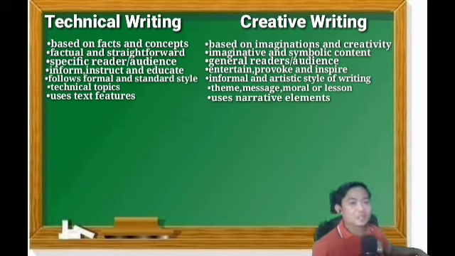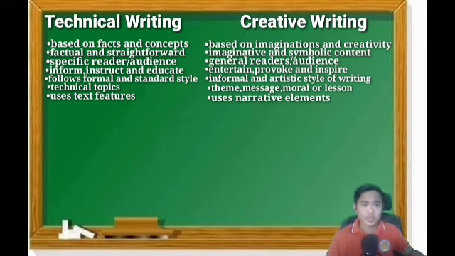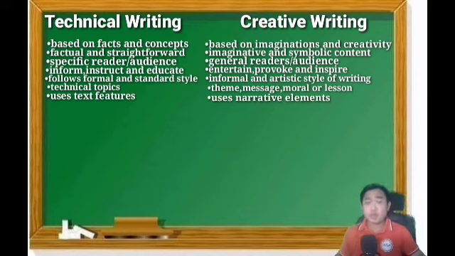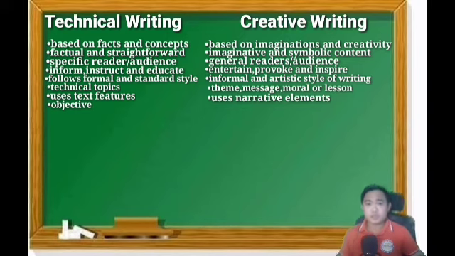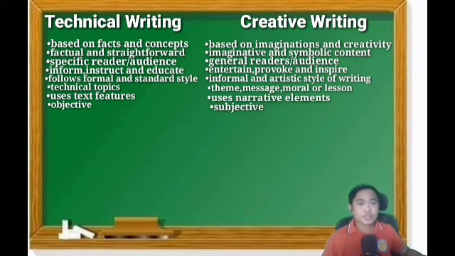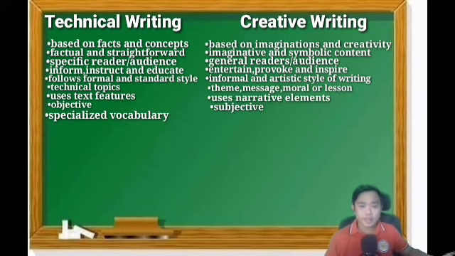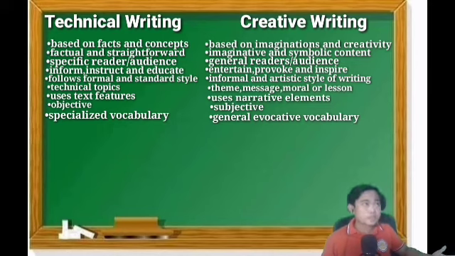Now, what about the tone? The tone of technical writing is objective, while creative writing is subjective. So, technical writing is based on specialized vocabulary, while creative writing is based on general evocative vocabulary, because creative writing uses imagery, what else?